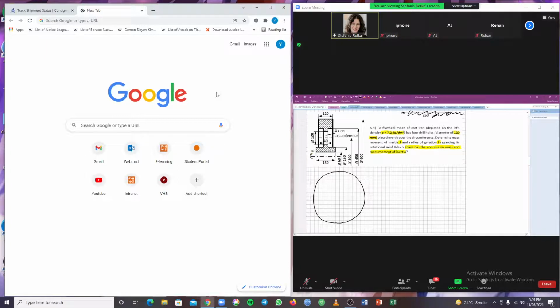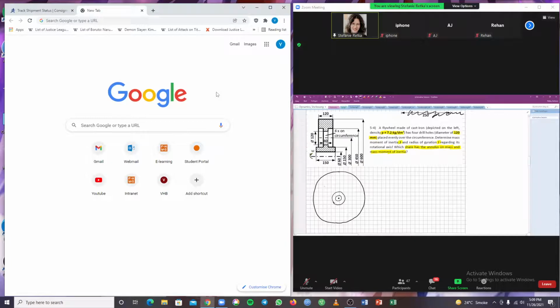Okay, so for this, this is the outer radius of the flywheel. Then this would be the axis of rotation. So that's the first material.